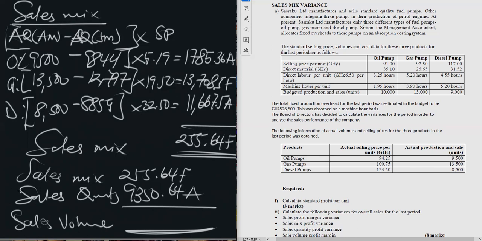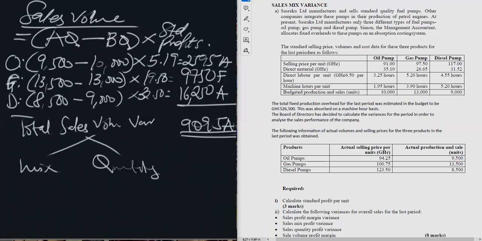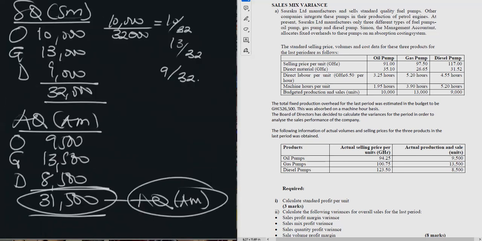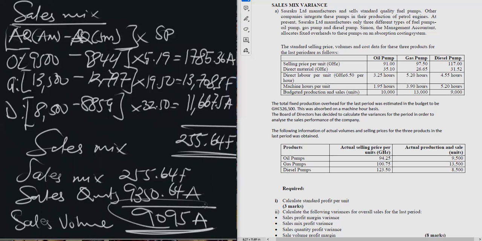That is this minus 255.64. We end up with 9,095 adverse. When we check our sales volume, it should give us 9,095. Did we get 9,095? Yes, we did. So this 9,095 and this 9,095 are equal. Sales volume, 9,095, 9,095. So that's how we deal with sales mix variances.